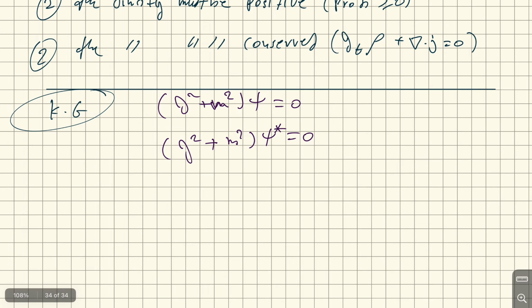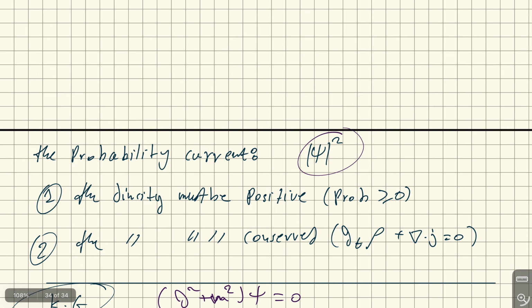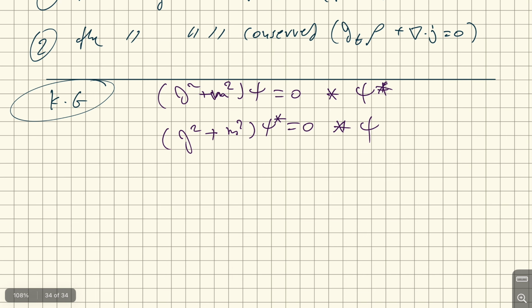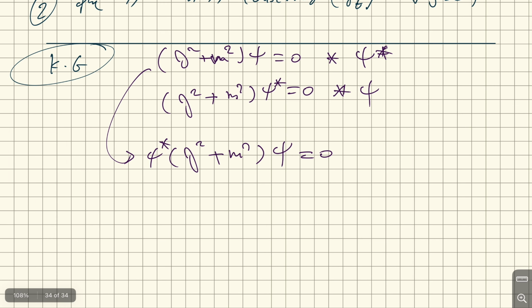To check, we said it's the square modulus, right? We multiply this by the conjugate, and we multiply the conjugate equation by psi, so that we have psi conjugate times the second derivative of psi equals 0, and psi times the second derivative of psi conjugate equals 0.